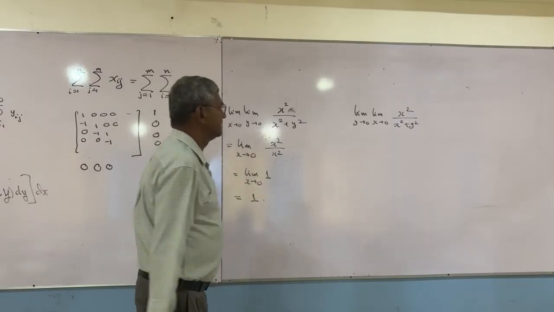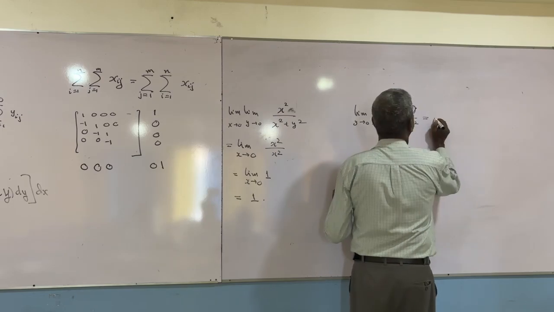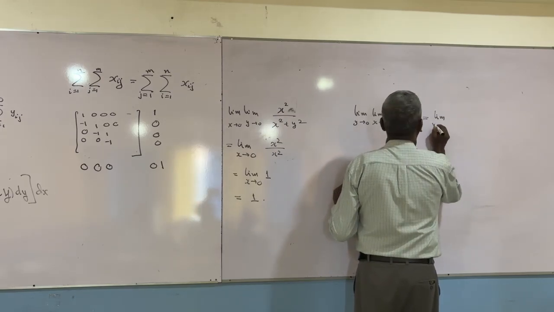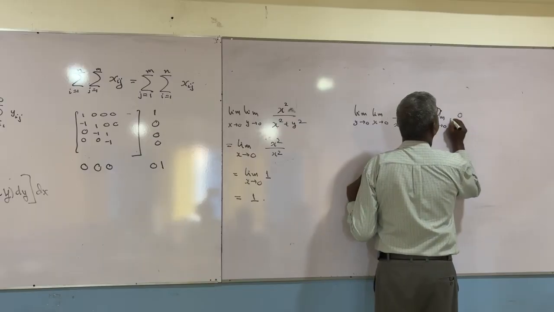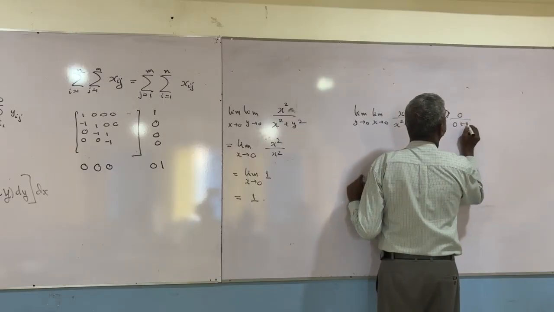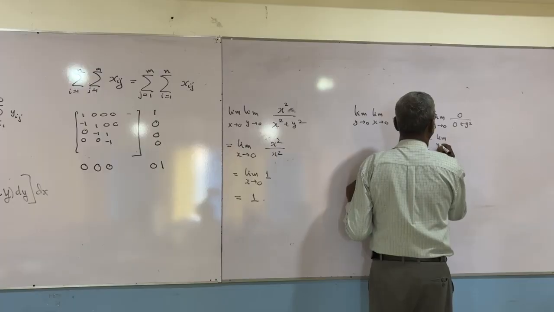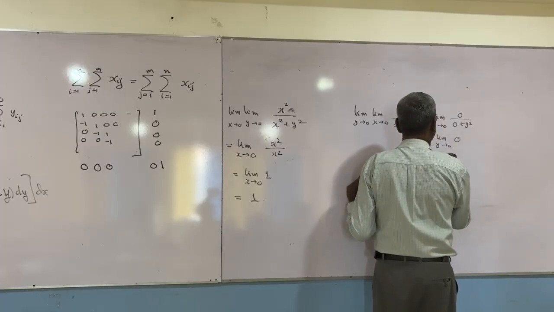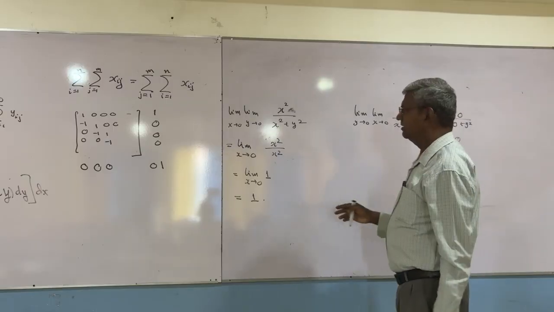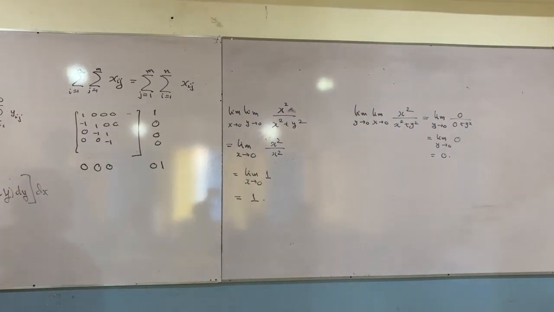Very simple. Here, when x tends to 0, you get limit y tends to 0 of 0 over 0 plus y squared, which is limit y tends to 0 of 0, equal to 0. So what does this say? You cannot change the order of taking limits.